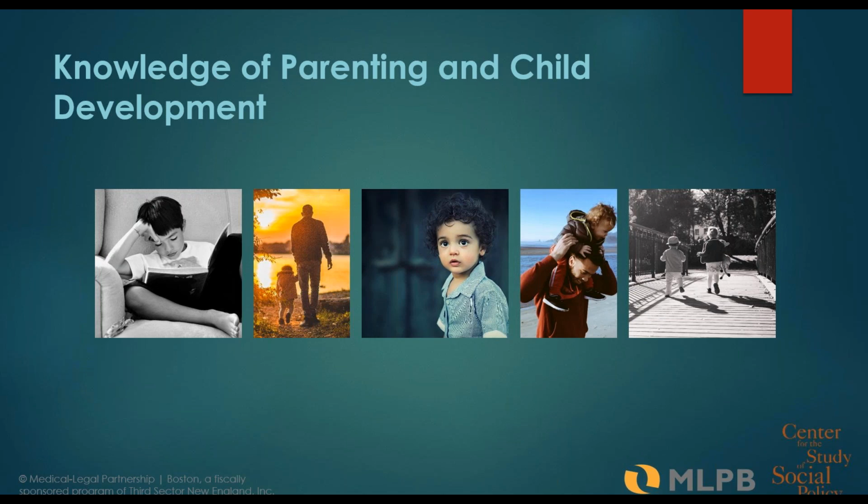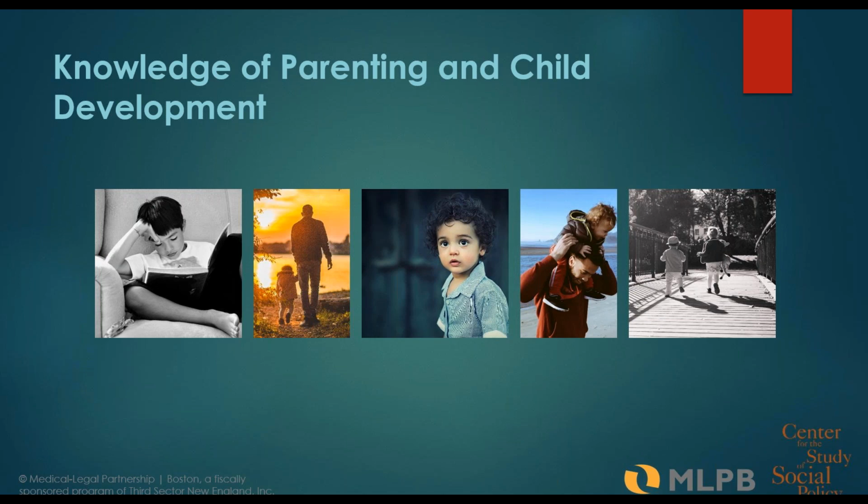Speaking to things like parenting, this increases the understanding of what is necessary for a parent to be able to set their child up for successful development. They can create an environment for their child to learn through play, for their child to learn through trial and error. They can learn how to provide predictable routines and to provide nurturing and responsive relationships.